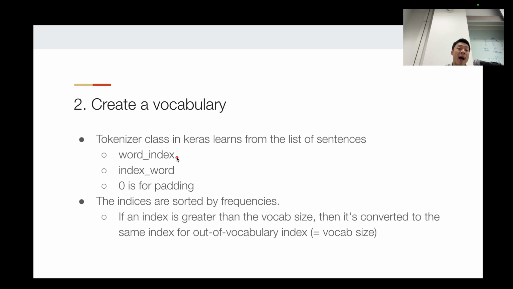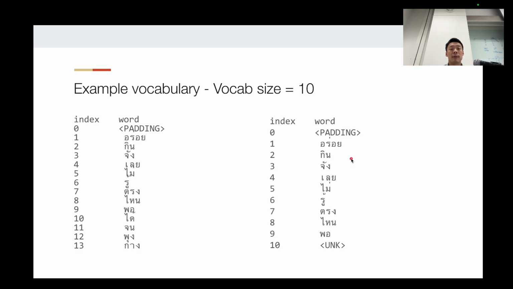The tokenizer class is not in Keras anymore, but for PyTorch you need some mapping from word to index and index back to word, and you need one space for padding and one space for unknown words. Okay, so make a vocabulary for it, something like this. So we have a mapping between words and some symbol that you need to recognize.